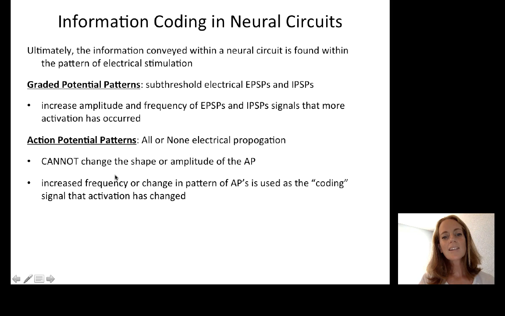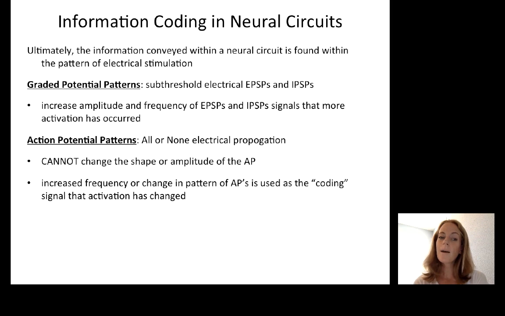So the action potential patterns are affected by the graded potential patterns. Graded potential patterns will be, remember, small, subthreshold EPSPs and IPSPs. We could increase the amplitude and frequency of those inputs based on more or less activation.